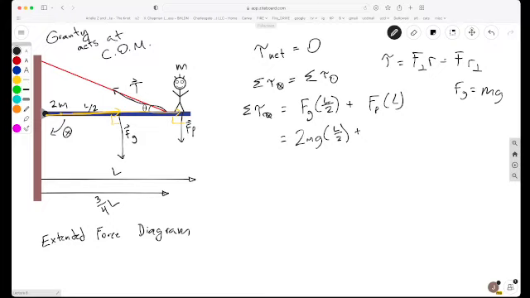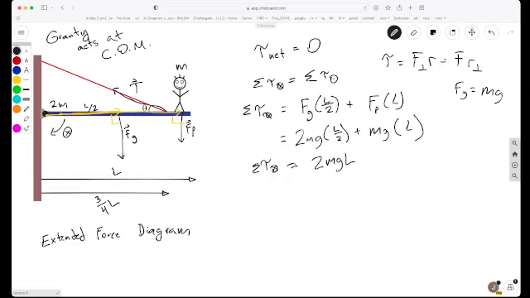And the force of the person is also mg. Person's mass is just m, so this is going to be mg times L. These 2's cancel, so we just get mgL plus mgL, and our result here is 2mgL. So this is the total torque into the page.